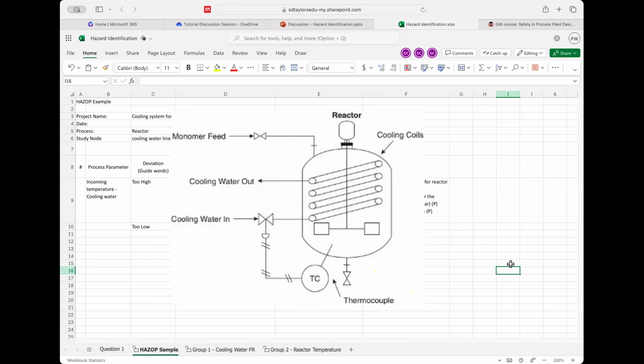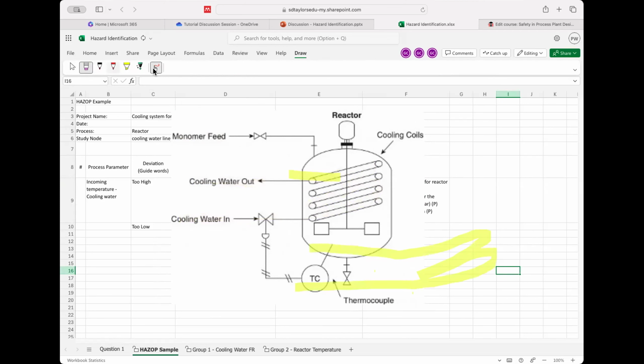So we have the reactor, we have the monomer coming in, and the cooling system, water going in, going out. So there are a few systems here. You have your monomer coming in here. And then you have your cooling water from this system and going out from here.